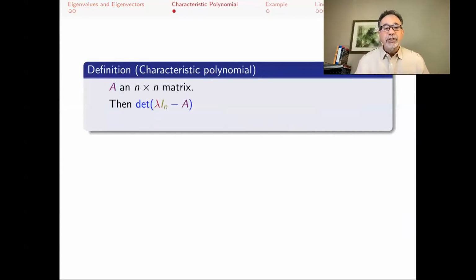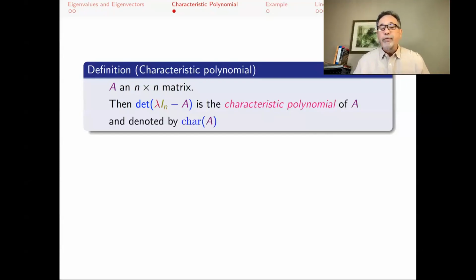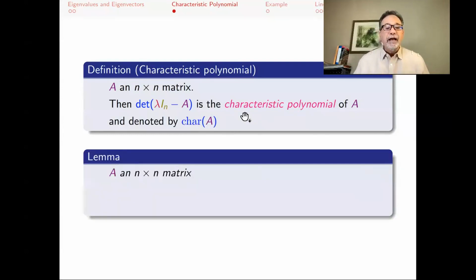For an n by n matrix A, the determinant of lambda I minus A is an n by n matrix's determinant, and so you can find it. But as long as lambda is an unknown, this will be a polynomial, and it's called the characteristic polynomial of A. We write it as Char A. So when you see this notation Char A, that means find the characteristic polynomial of A.